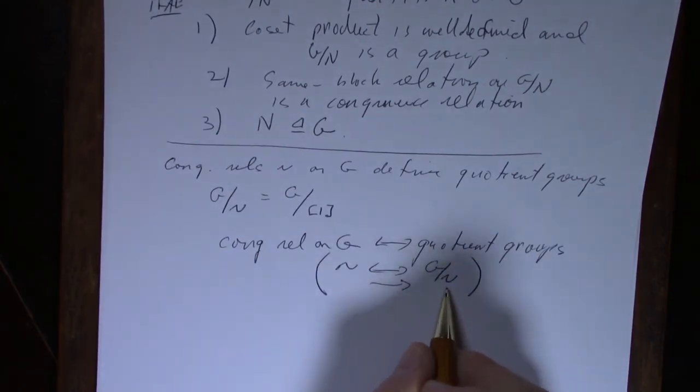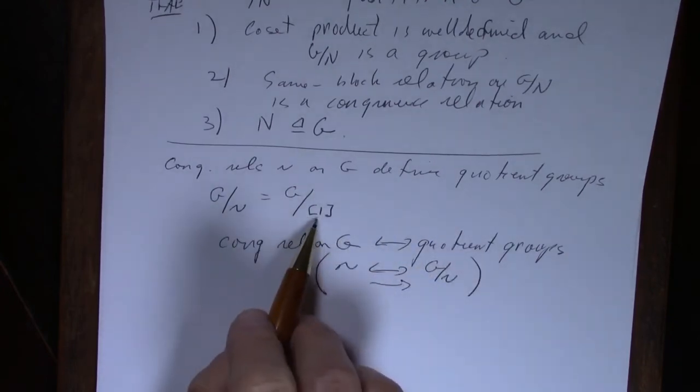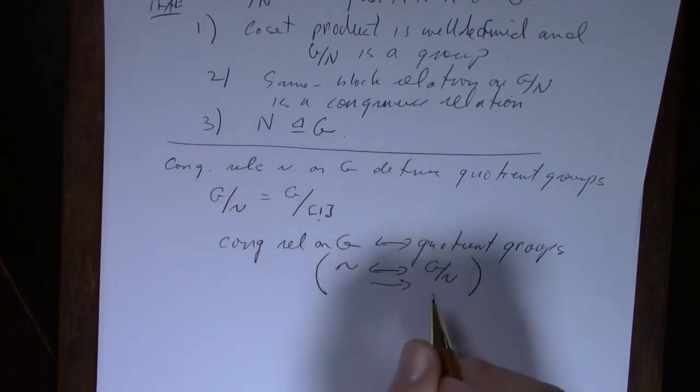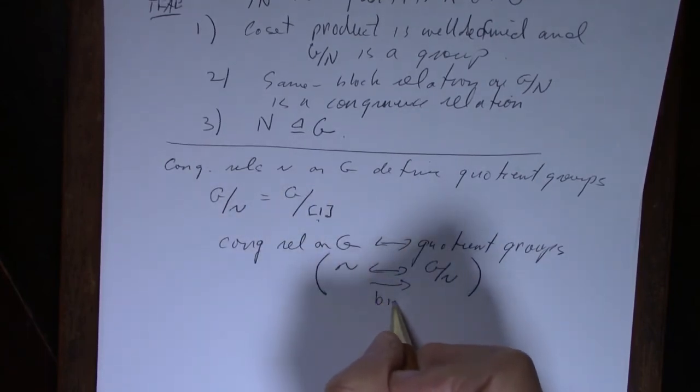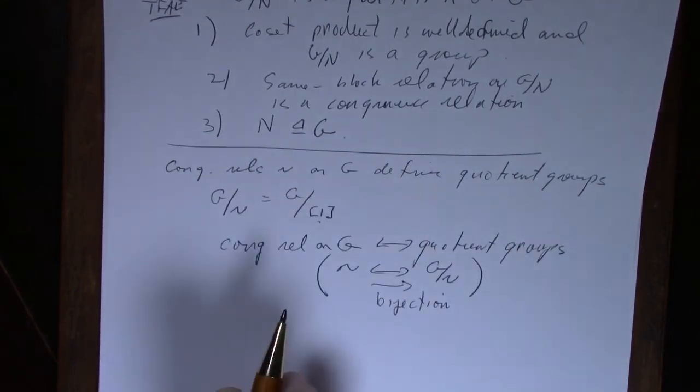And so when we take the quotient by that special block, we're going to get two different quotient groups. So this is a bijection. Congruence relations and quotient groups.